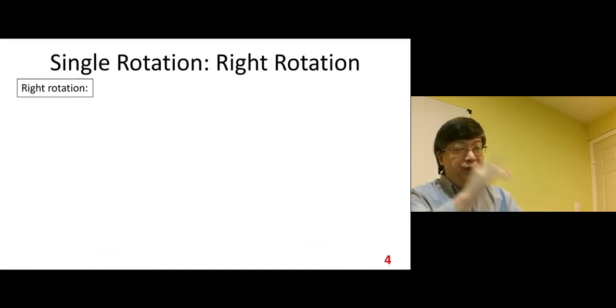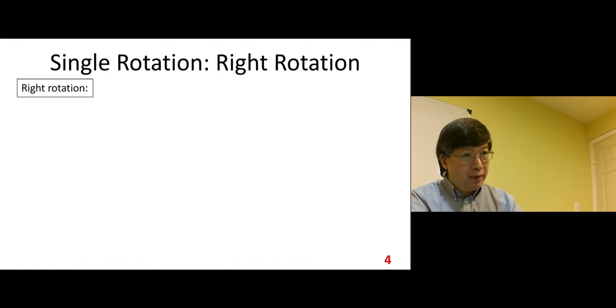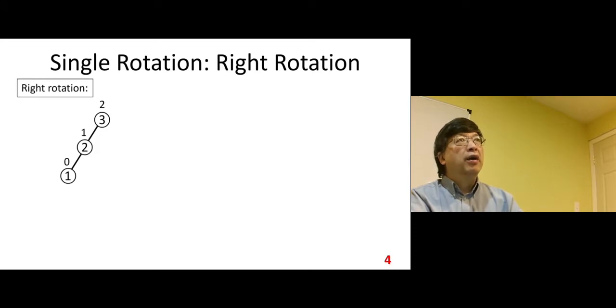Now I want to give you the more general case. For right rotation, I want to make it very general, since it could be anywhere in a BST.